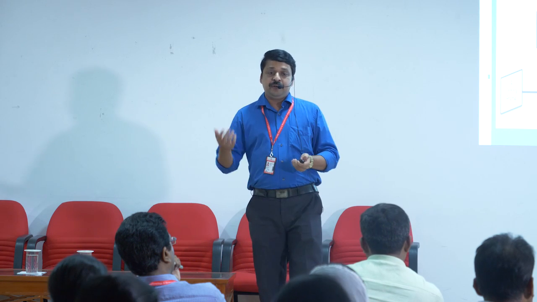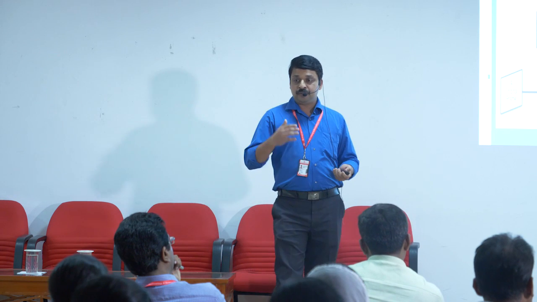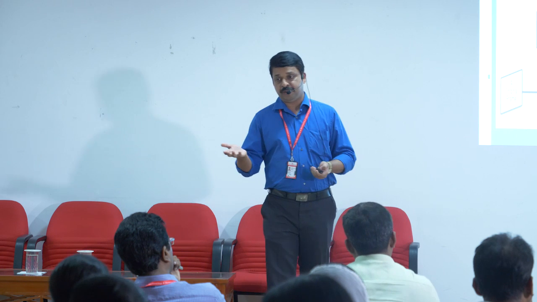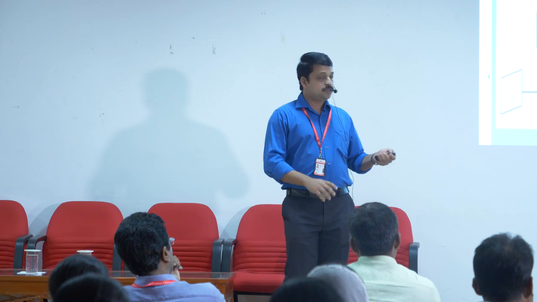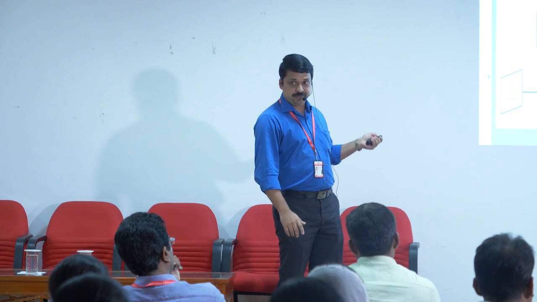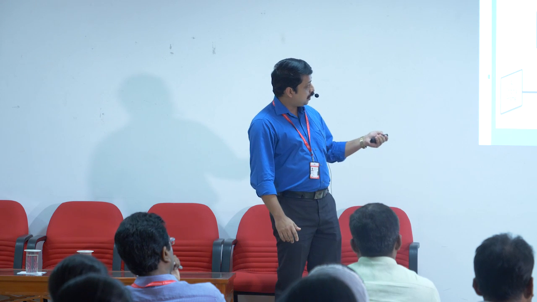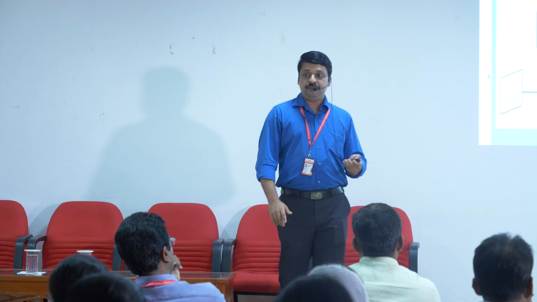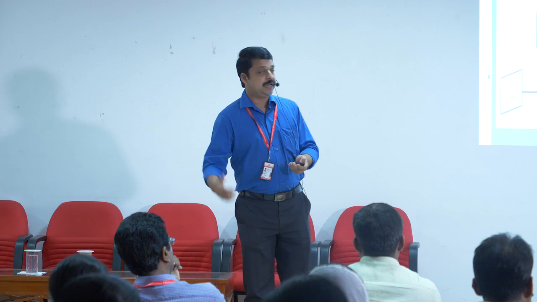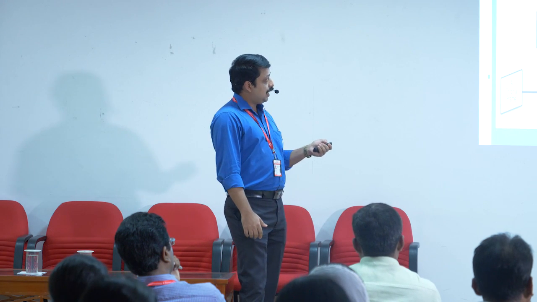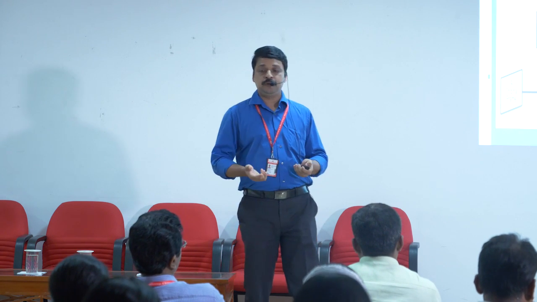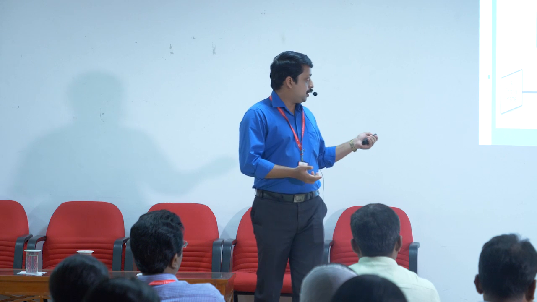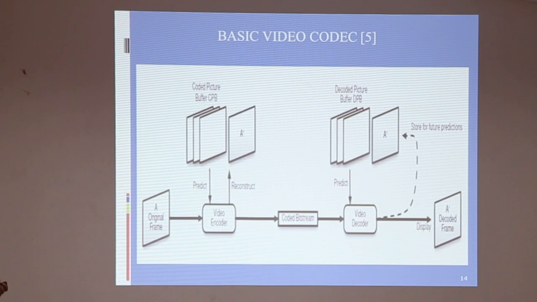When you code the second frame, you may refer to the first frame, and when you code the third frame, you may refer to the previous frames. For that purpose, we keep this buffer. At the decoder side also we have that buffer, so that we can mimic the operations performed at the encoder. Only then will we be able to replicate the process and perfectly reconstruct the video. That is why we keep these buffer values.